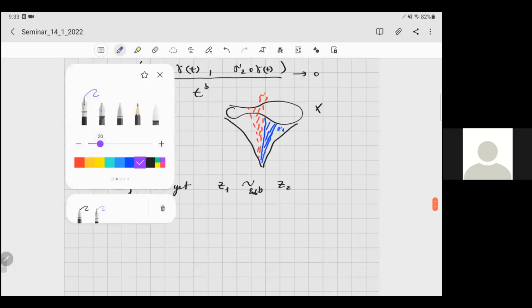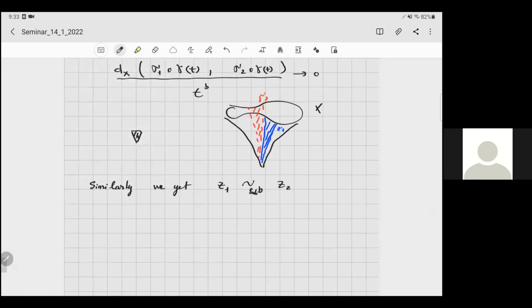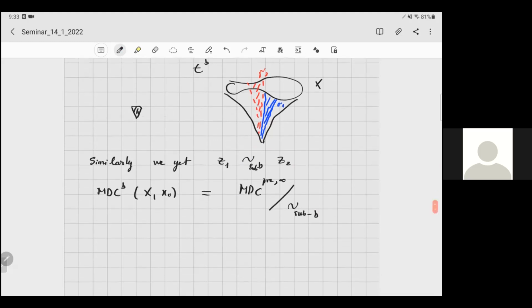Then we have the new complex MD C b of x0. I define it like MD C pre-infinity divided by this subdivision b relation.